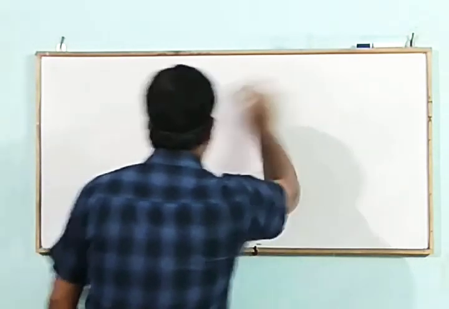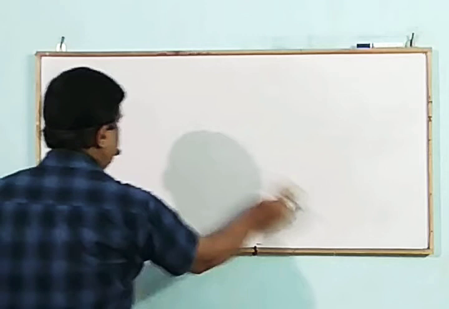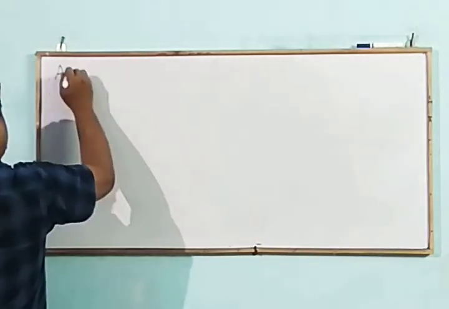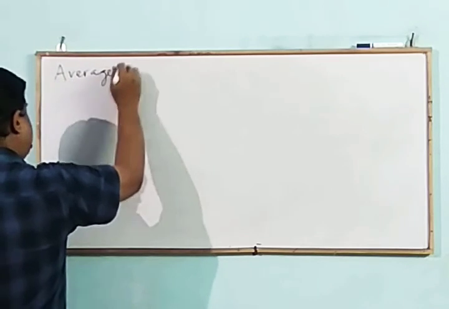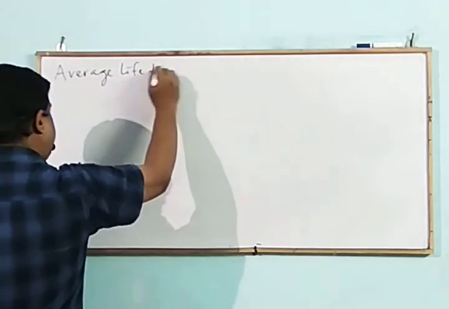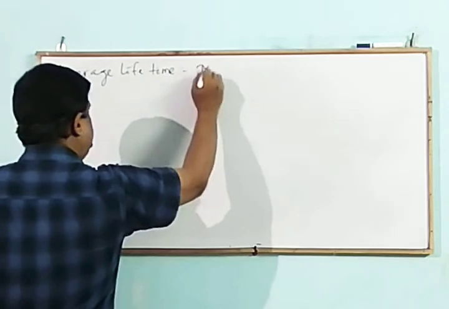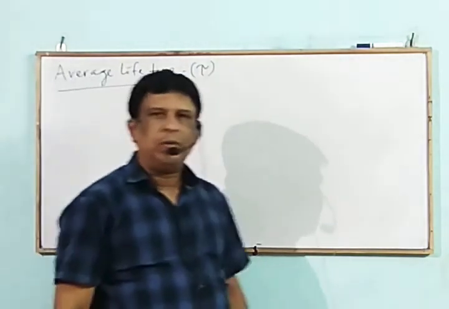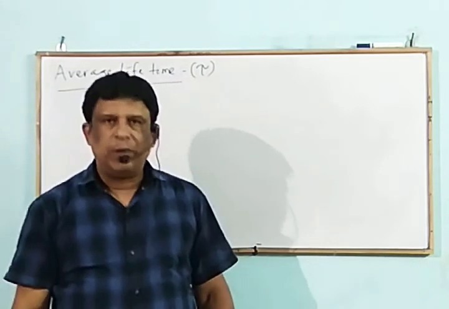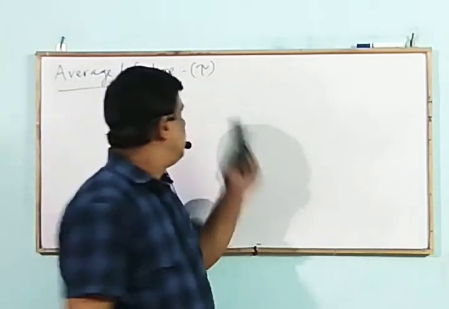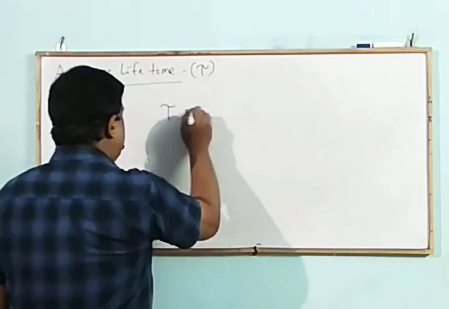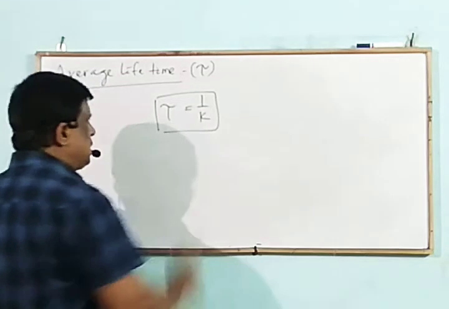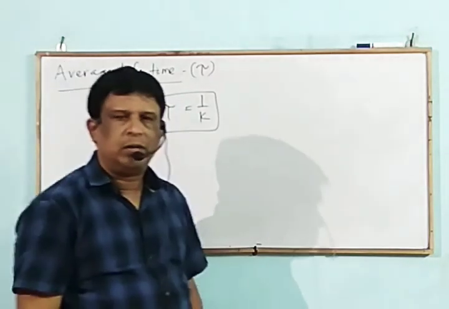Before calculating some relations, one term is there known as average lifetime. The symbol is tau. We discussed half lifetime previously; another one is the average lifetime. Mark that: tau is the reciprocal of the rate constant.